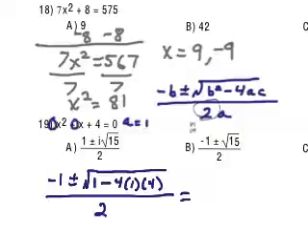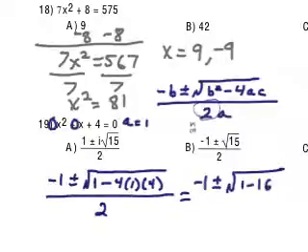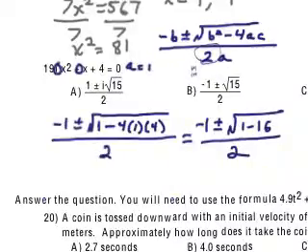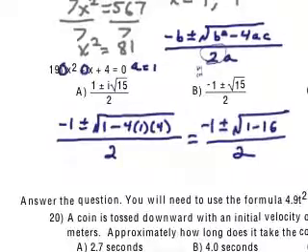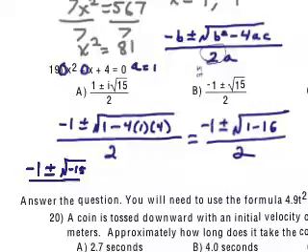Then we'll simplify this. So we have negative 1 plus or minus the square root of 1 minus 16 over 2. And now I've run out of room. Okay, so that gives us negative 1 plus or minus the square root of negative 15 over 2.